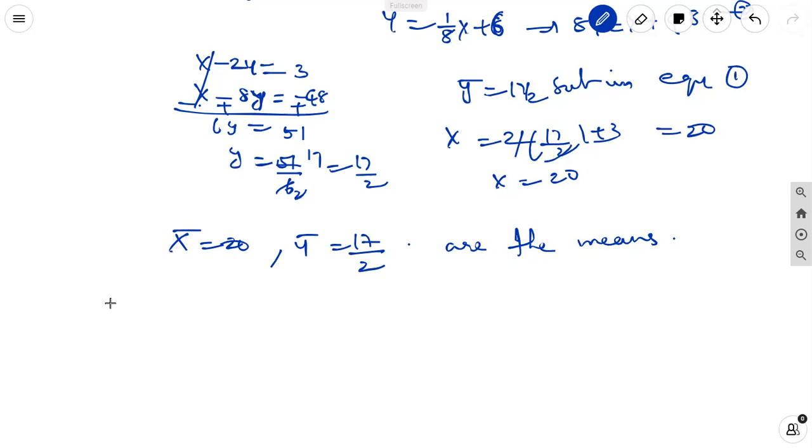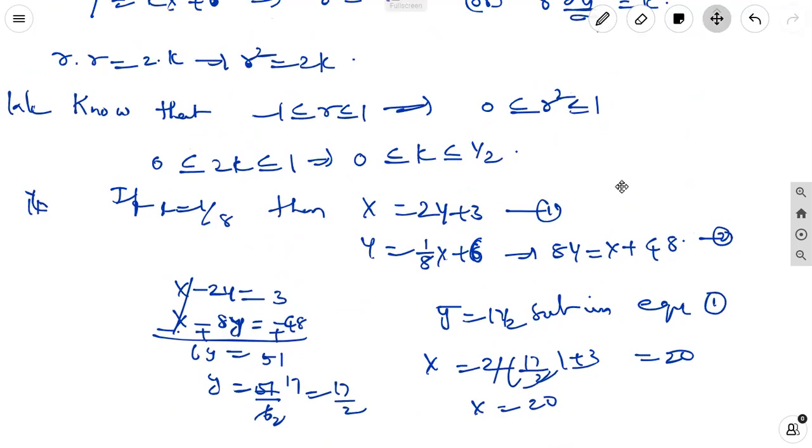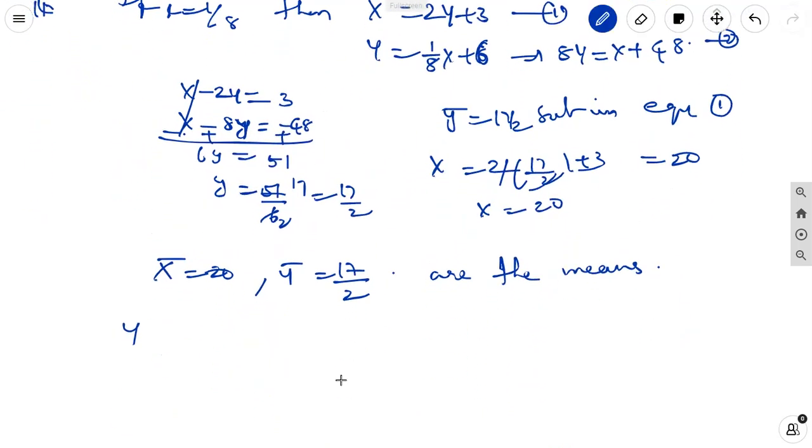And the regression coefficients: we take the equations x = 2y + 3 and y = (1/8)x + 6.